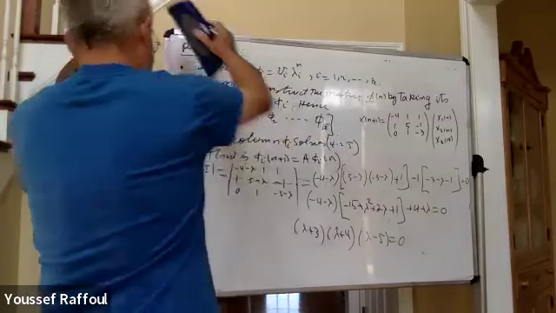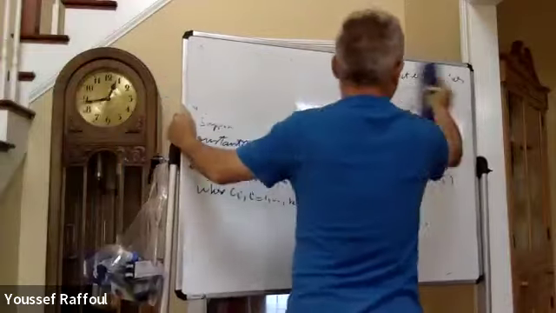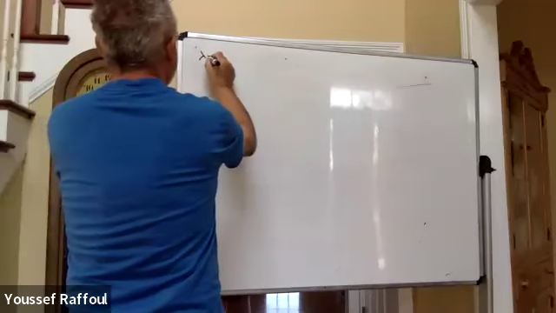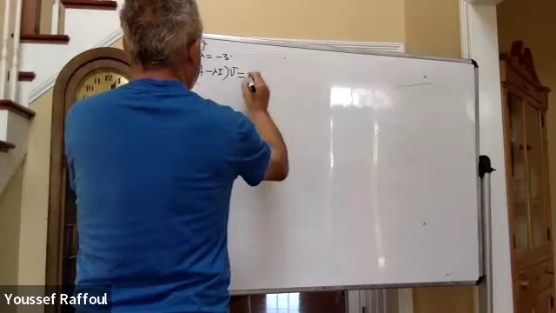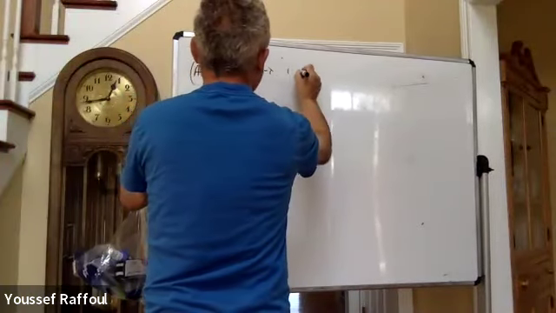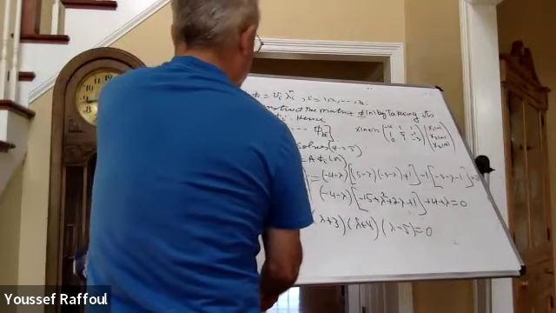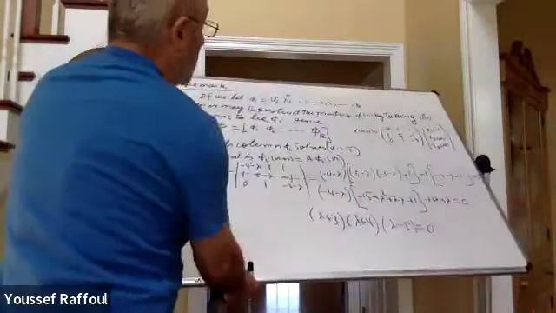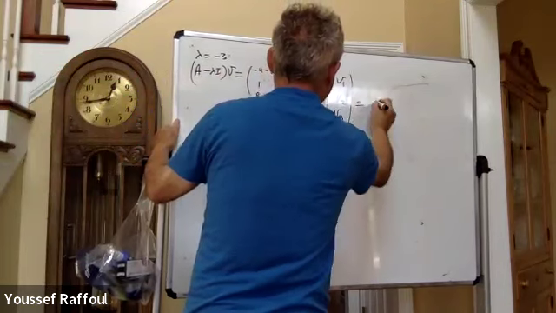So let's take lambda equal minus 3, then (A minus lambda I) v equals the matrix with rows (minus 4 minus lambda, 1, 1), (1, 5 minus lambda, minus 1), (0, 1, minus 3 minus lambda) times v1, v2, v3 equals 0.